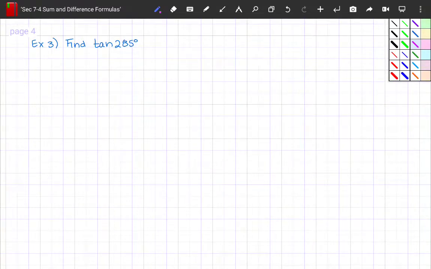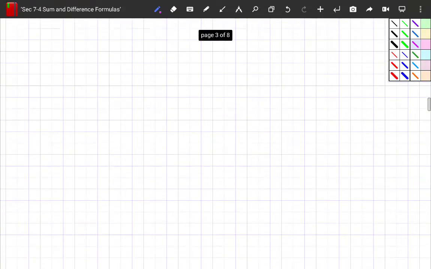All right, so this is going to be very similar to what we did before, but this time they didn't give us a hint of what to start with. We have to figure out what to use. So we have to think about two angles that either add or subtract to 285 degrees, where we can calculate.